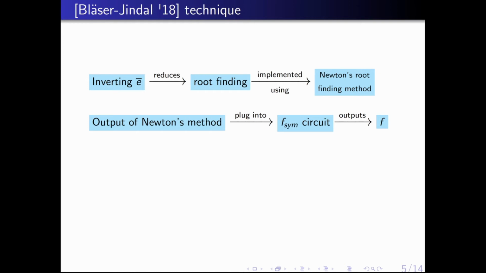I'm ignoring many internal details, how they reduce this to root finding, how each stage is implemented, but this is the overall idea. They reduce it to root finding, they use Newton's root finding method, they use appropriate truncation and all, but I'm just ignoring those internal details, and feeding those roots that Newton's root finding method outputs to the f sim circuit will give you f.